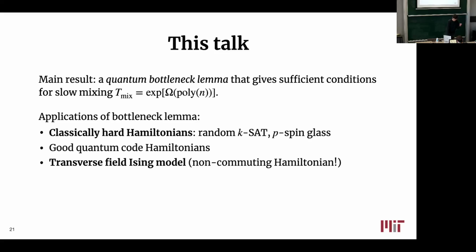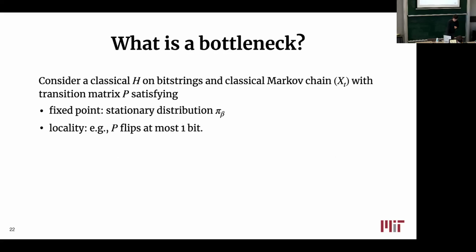Yeah, so I'll just talk about the first and third results this time. Okay, so now let's try to say a bit more formally what a bottleneck is here. Let's think about only a classical bottleneck to start with. This is going to be maybe familiar stuff.